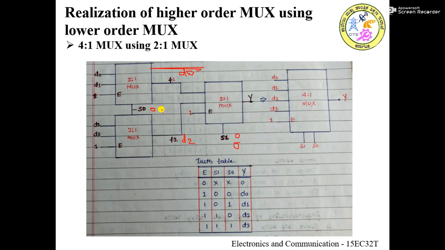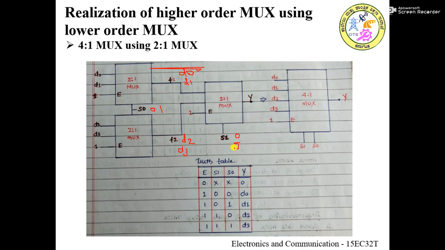With select line content 1, D1 is selected and it is routed to the output line, so F1 will become D1. And with the select line content 1, it will select the second line, that is F2 will become D3.